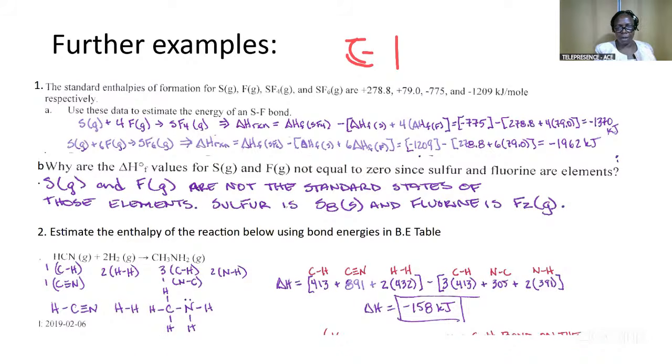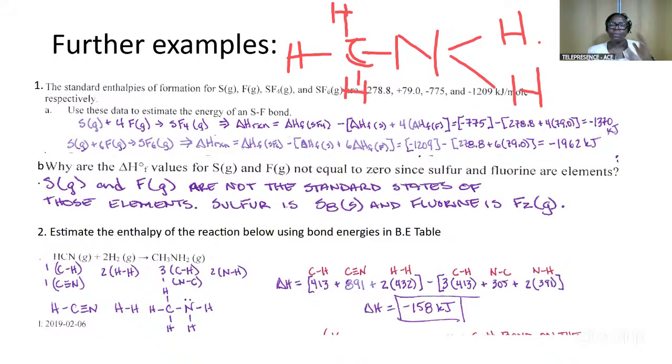CH3NH2 means that you have this, and then you have nitrogen, and then you have NH2. Well, however you draw it is not my problem now. If you look at what we have on the board, we can determine how many types of bond. We can see clearly we have C-H bond. We also have C-N bond.